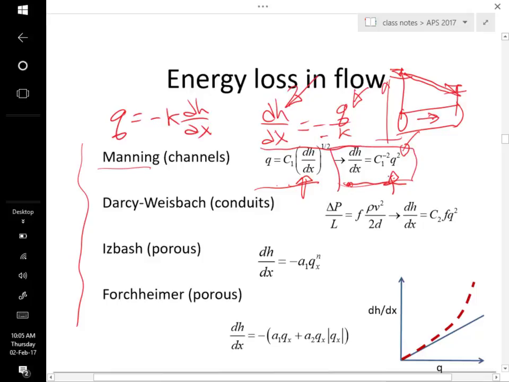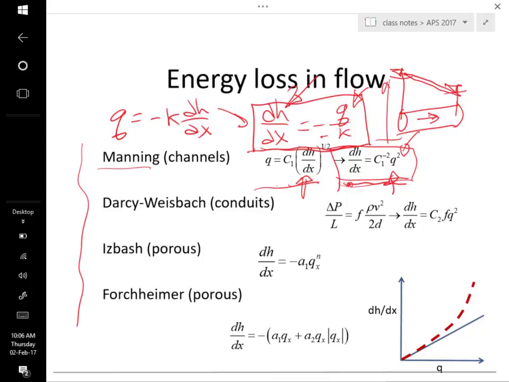And what you see is that the head gradient is proportional to the flow squared. So the way to think about it, I think, is what happens to the head gradient when the flow changes. So in this case, for Darcy's law, under laminar conditions, if I double the flow rate, then I double the head gradient.